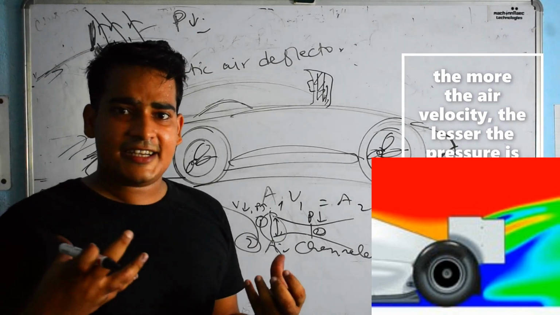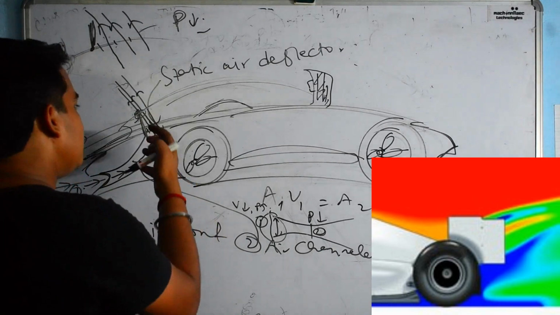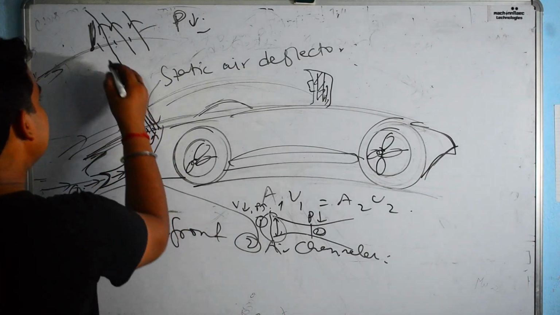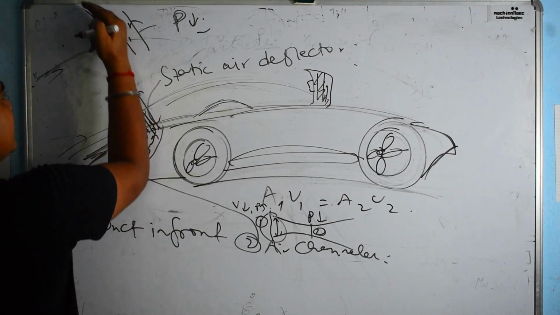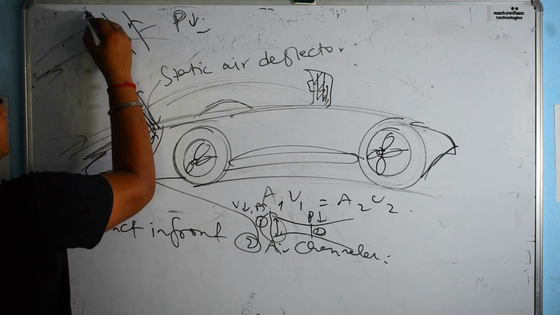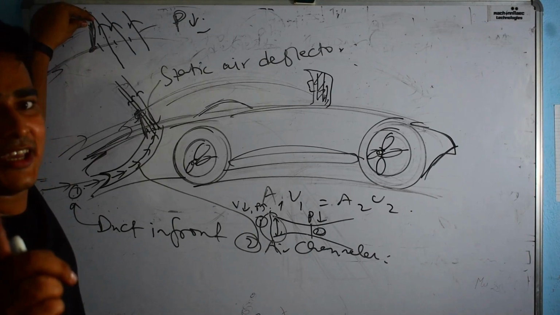So this creates a virtual suction zone, which pulls in more air from the car. Since we are deflecting the air at a certain angle, this is disturbing the oncoming flow. Because of this deflector, the leading edge is also disturbing the air.